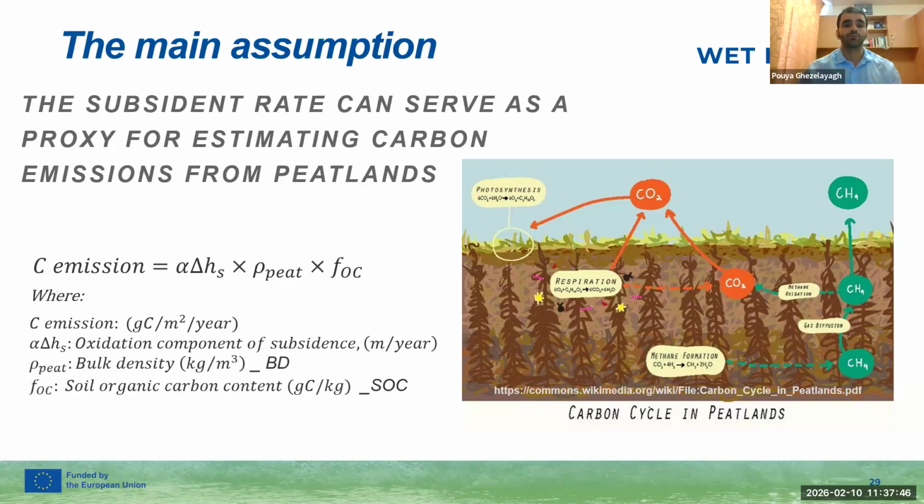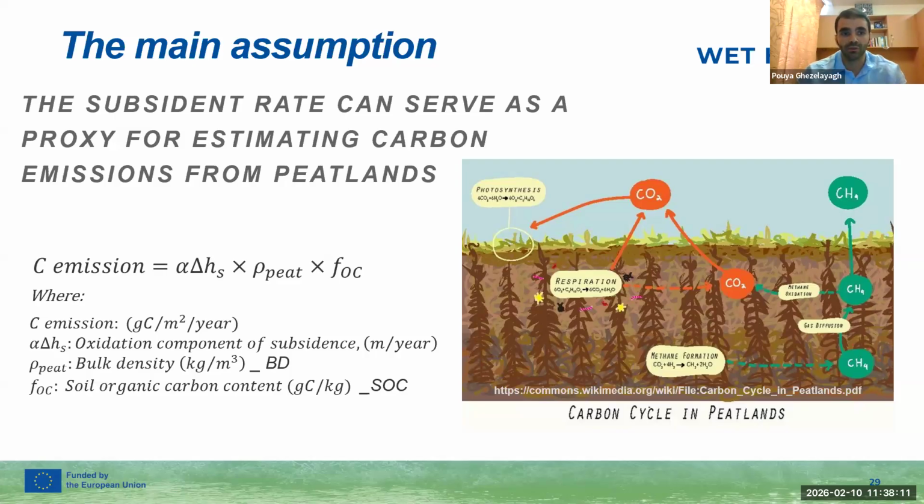As you can see, by multiplying these four parameters, you would be able to estimate carbon emissions. These four parameters are the oxidation component, subsidence rate, bulk density, and soil organic carbon content.